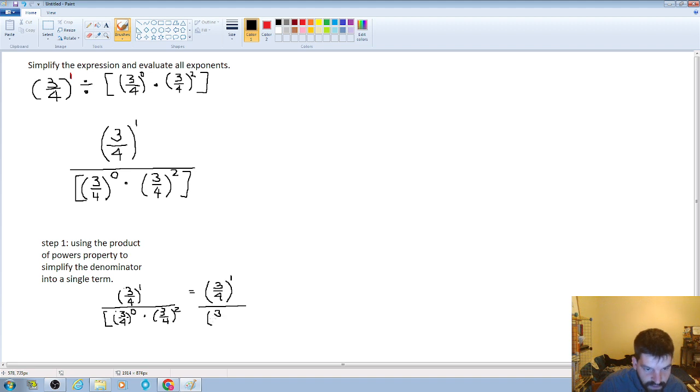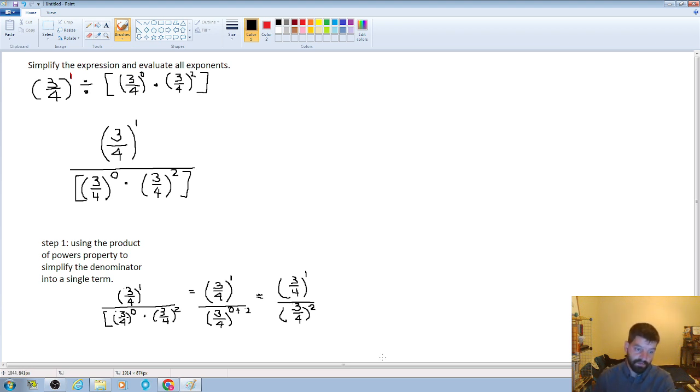The base will stay the same, to the 0 plus 2 power, which is going to give us a final equivalent expression for the moment of 3/4 to the first over 3/4 squared.